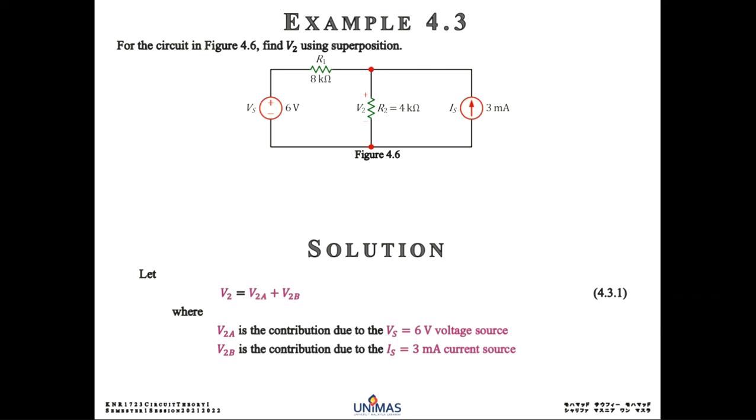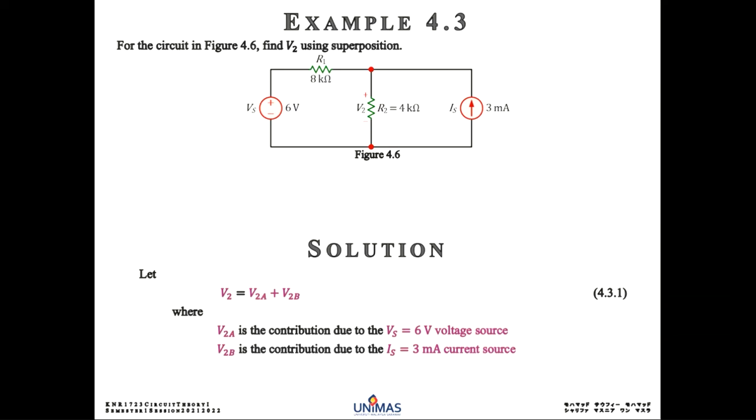With the VS gone, short circuit, meaning to say there's no VS there. So the R1 will actually be parallel with R2. So how are you going to find V2? You need to find the current through R2.